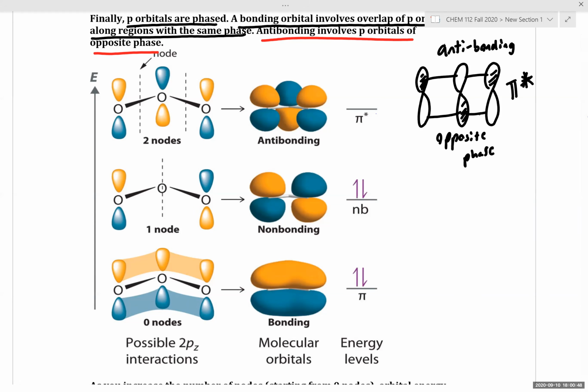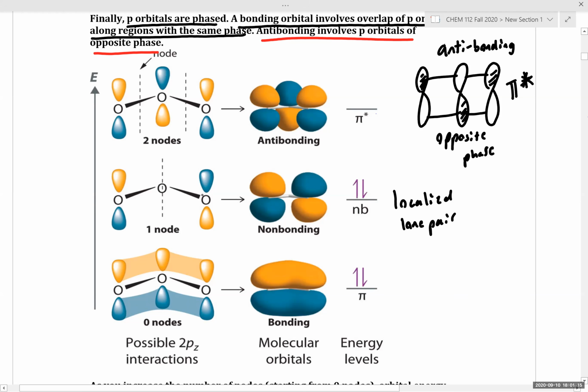In a non-bonding molecular orbital, what the non-bonding molecular orbital is trying to describe is the presence of a localized lone pair.